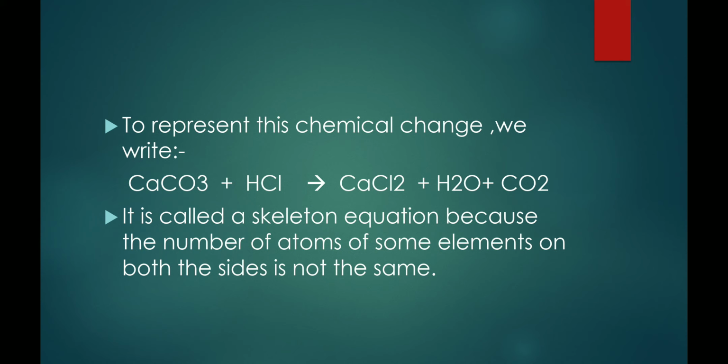Similarly, on the left hand side, the number of oxygen atoms is 3, and on the right hand side, the number of oxygen atoms is 3. But since the number of chlorine atoms on the left hand side is 1 and on the right hand side is 2, the equation is not a balanced equation. It is called a skeleton equation.